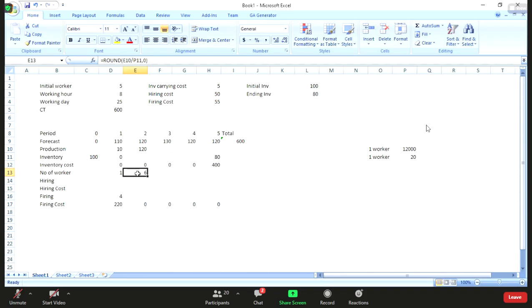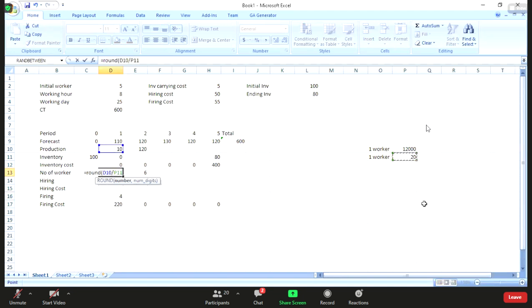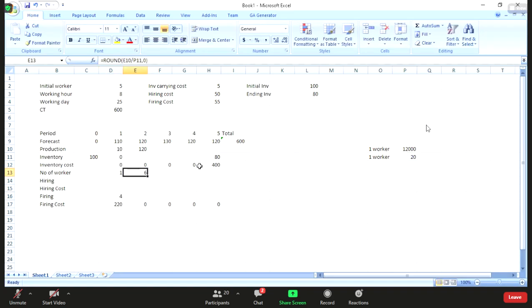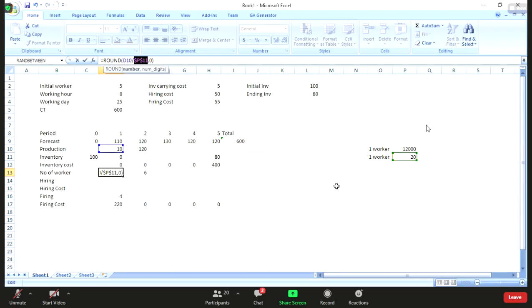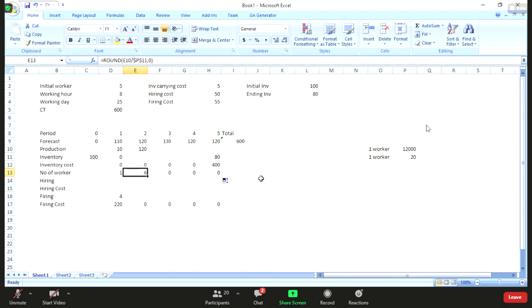This one also the same formula, equals to round the production target divided by 1 worker can produce 20 units. So I think we can lock, and we can copy. Okay, like that.